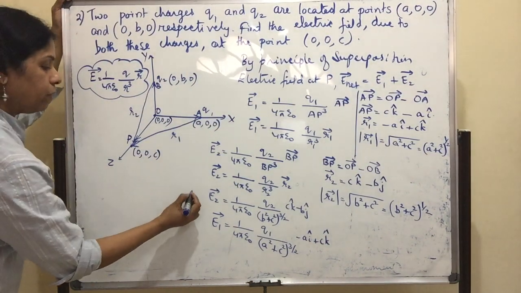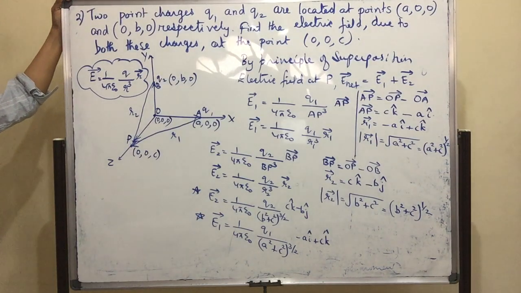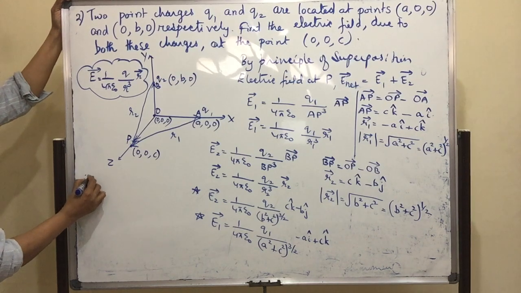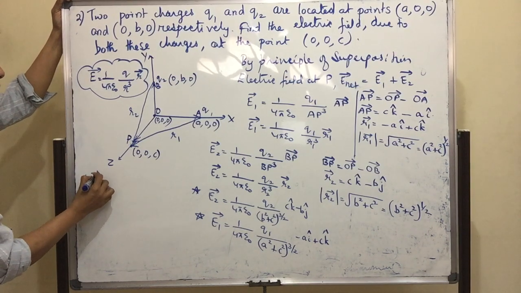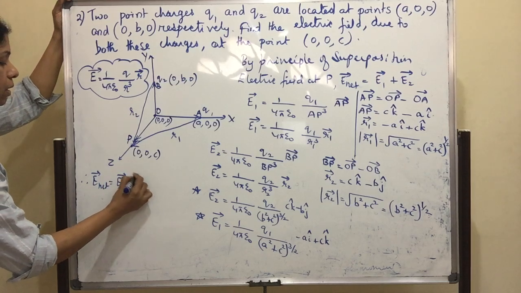So look at these two equations, E1 vector and E2 vector. So what is the electric field? The net electric field is equal to E1 vector plus E2 vector.